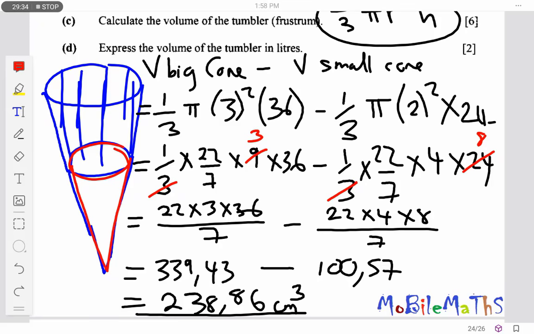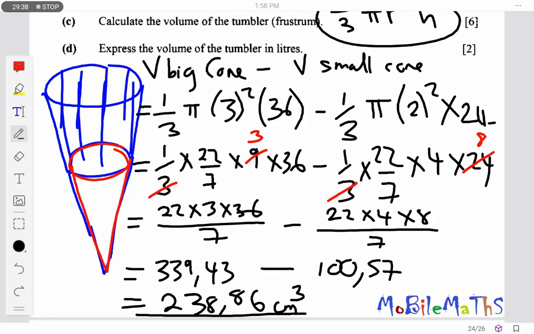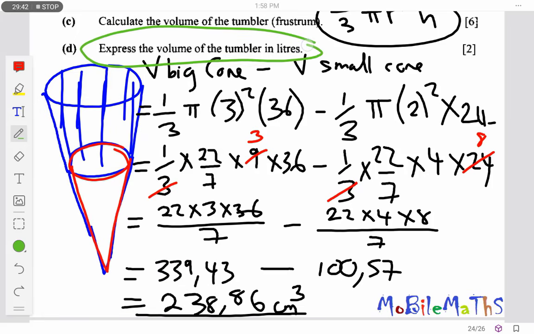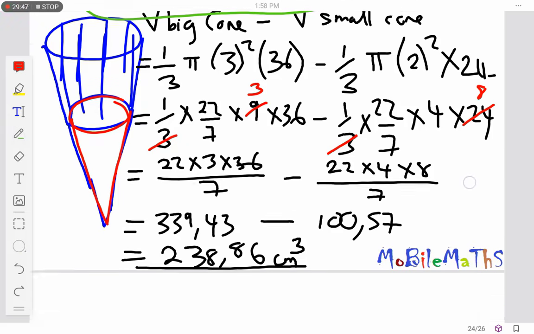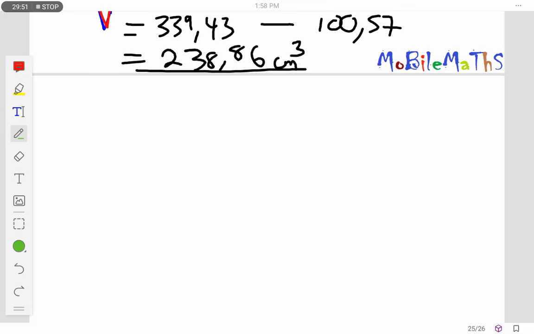Then the last part of the question is asking us to express the volume of the tumbler in liters. So we want to express this volume. What we know in terms of volume in liters is that 1000 cubic centimeters is equal to 1 liter.